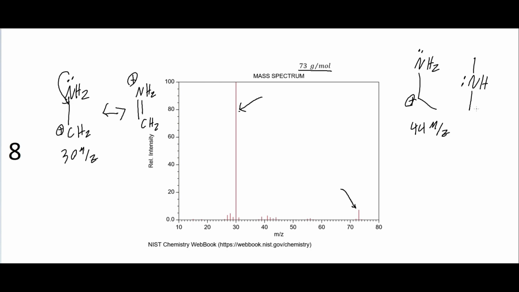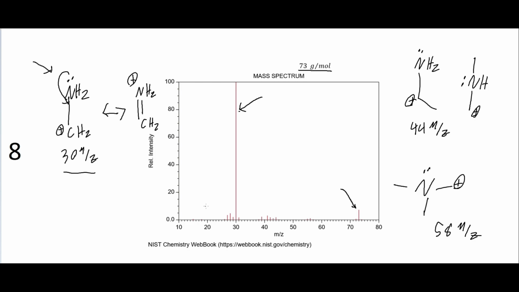So this would also show up at 44 m/z. Now, if we have just 3 methyl groups on here like this, this will show up at 58 m/z. So those even fragments that look like that when you have an odd M plus are usually good indications that we have an amine group on here. Since we have the 30 m/z, we probably have the one that looks like this. So it's just on a primary carbon there.